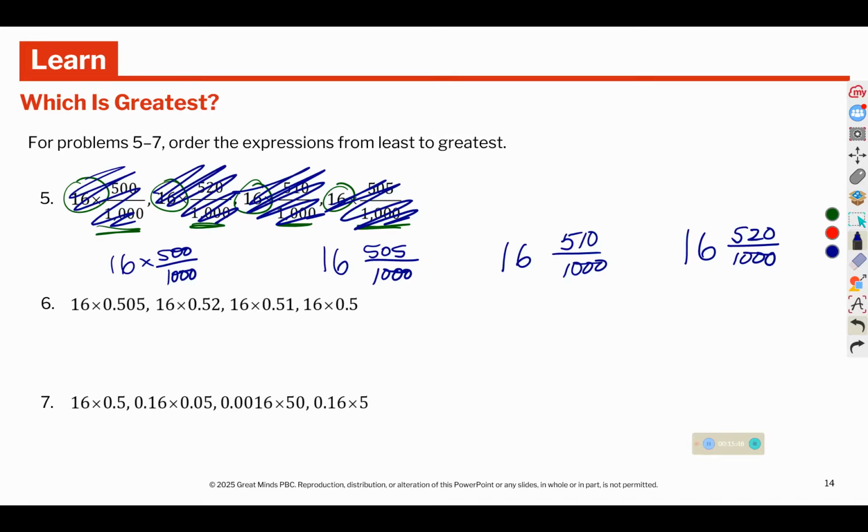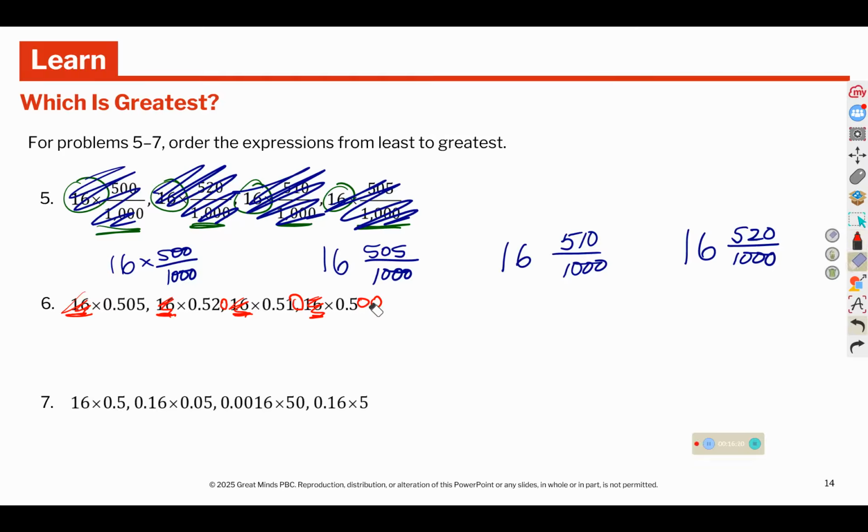Least, greatest. All of these also have 16, so I can ignore that part of it. Then to find the least, I want the one with the lowest decimal. This is 505. This would be 52. If we want the same number of decimal spots, we can add zeros to the end. So this would be like 500, 510, 520, 505.